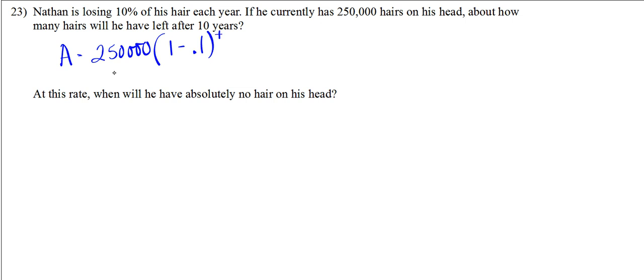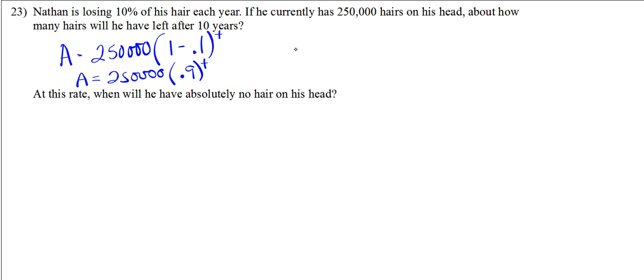So let's simplify that a little bit. 250,000 times 0.9 to the T. Okay. Now, without a calculator, this one's going to be really tough. You're losing 10% each year. You could do it. You're just moving a decimal. So we're going to lose 25,000 hairs in the first year.